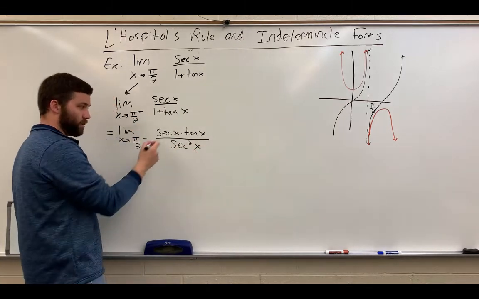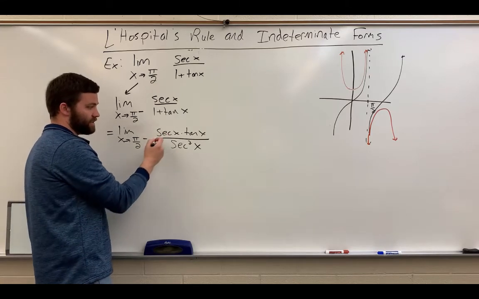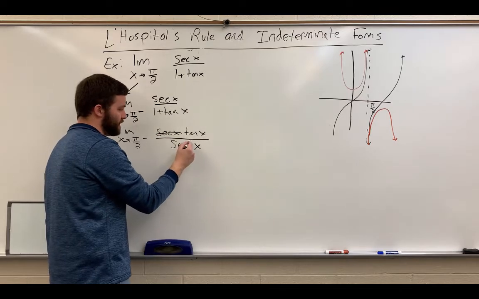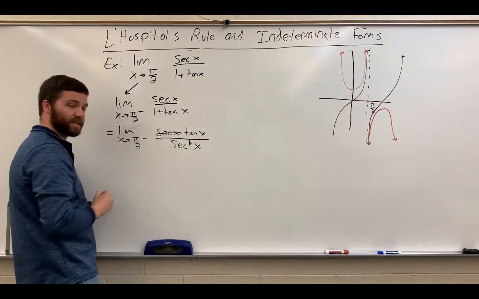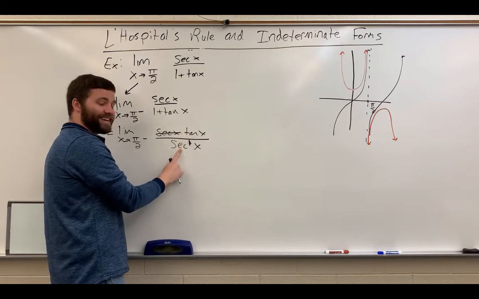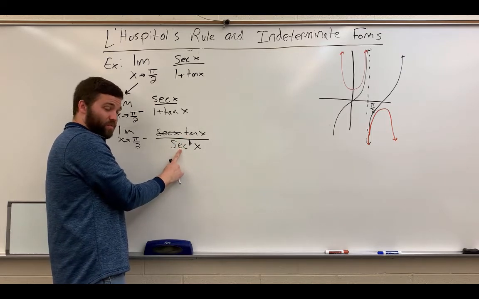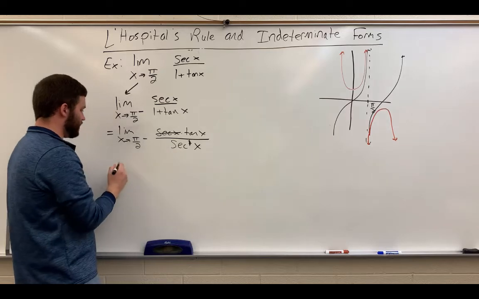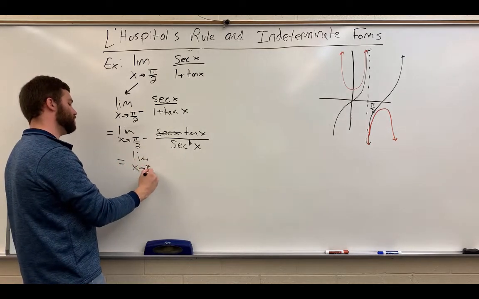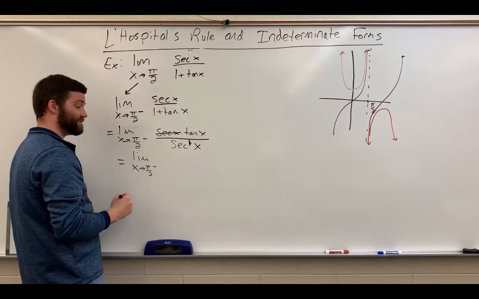Okay, so I've got a secant on top, and I've got a secant squared in the denominator, so secant over secant squared simplifies to 1 over secant on the bottom. Tangent is sine over cosine. Secant is 1 over cosine. So when I simplify those fractions, what I'll end up with is just the limit as x approaches pi over 2 from the left of sine.